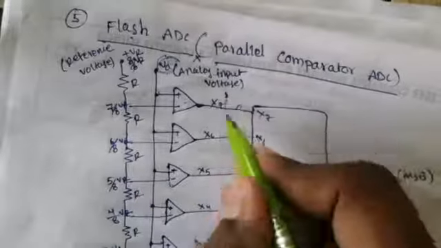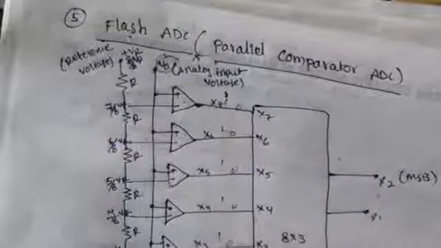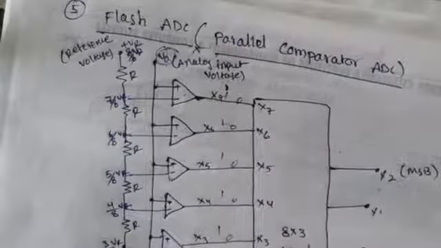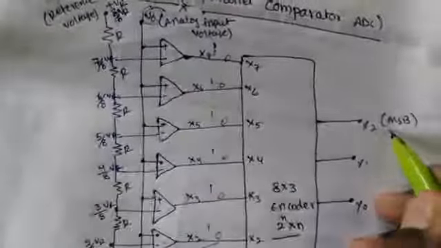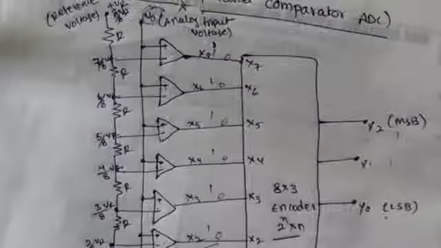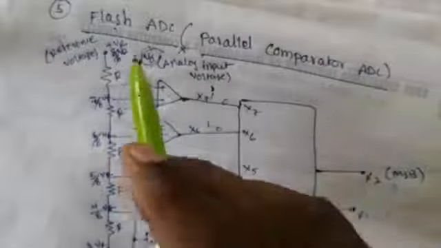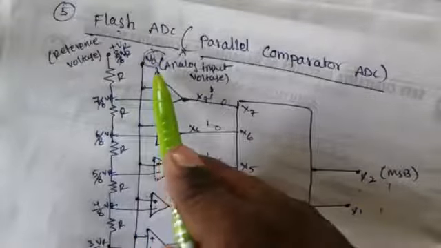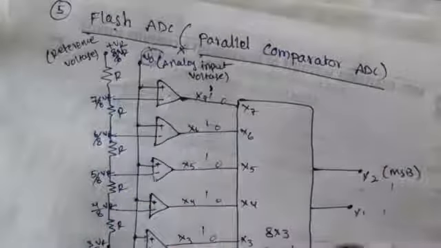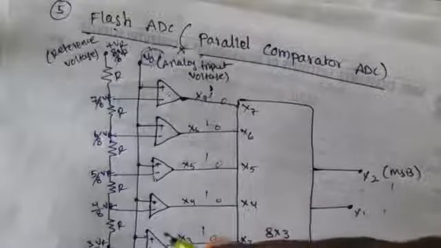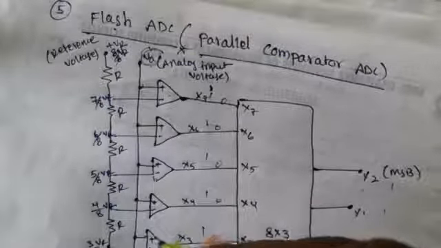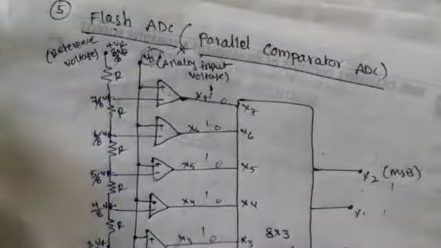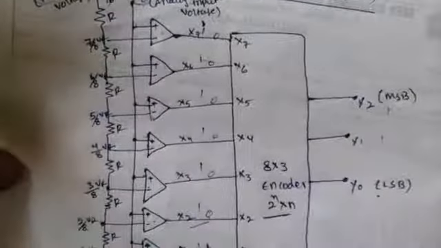That's why all the comparator outputs are 1, and it is represented directly as 1, 1, 1. So whenever we give the analog input voltage here, that level of comparators will be activated within one step.